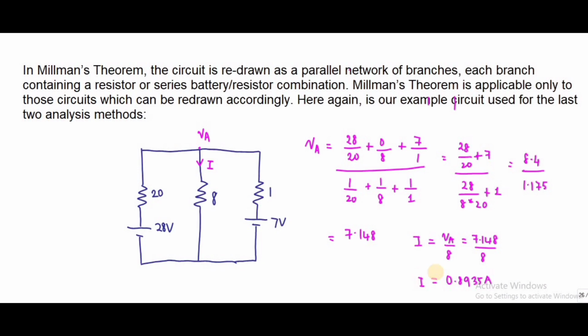Now, why does this formula come, that is, VA is equal to this one? For that, we know this is a circuit, here you have 0 volt.